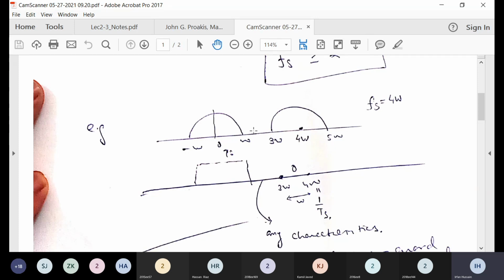W dash defines the bandwidth of your reconstruction filter. So the reconstruction filter will have its width somewhere in between these two, so that you can get back the original signal.